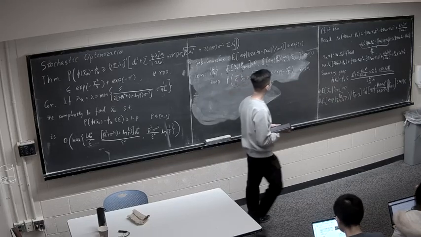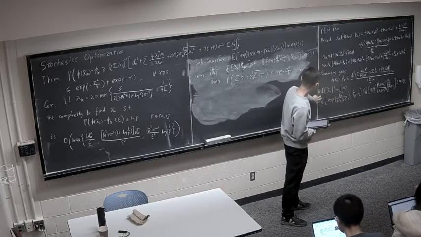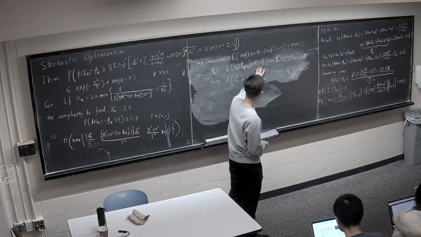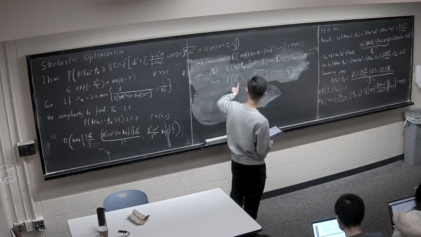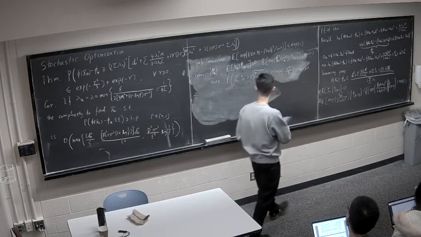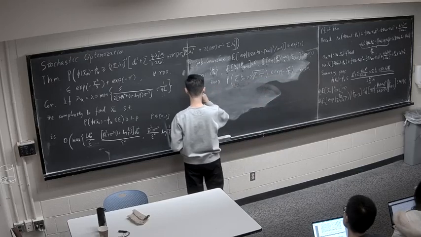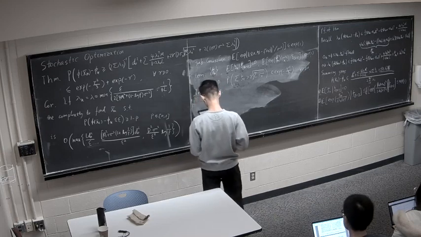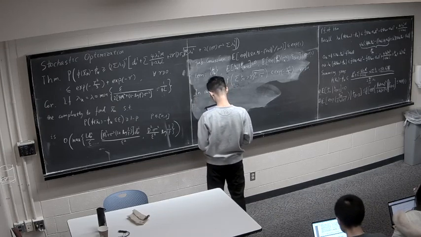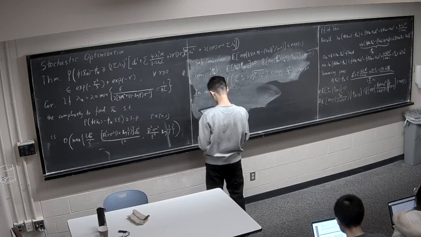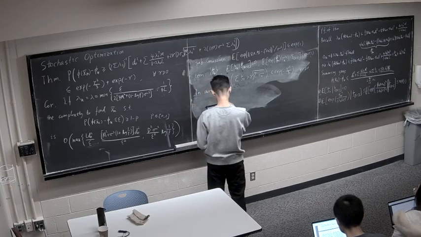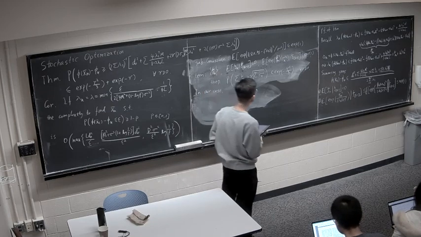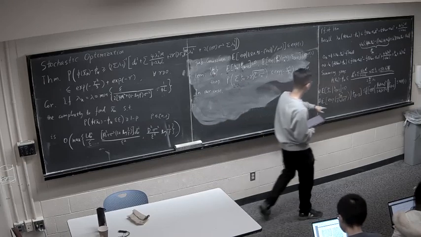Since the zeta k in our analysis really satisfy the two assumptions we have here, now we can apply the concentration bound on the zeta k.